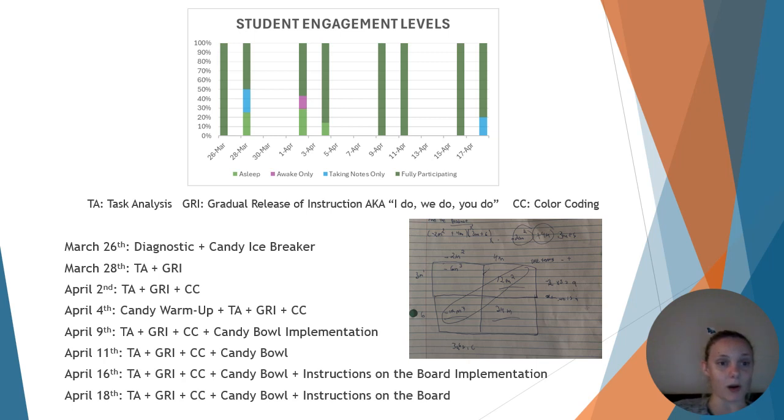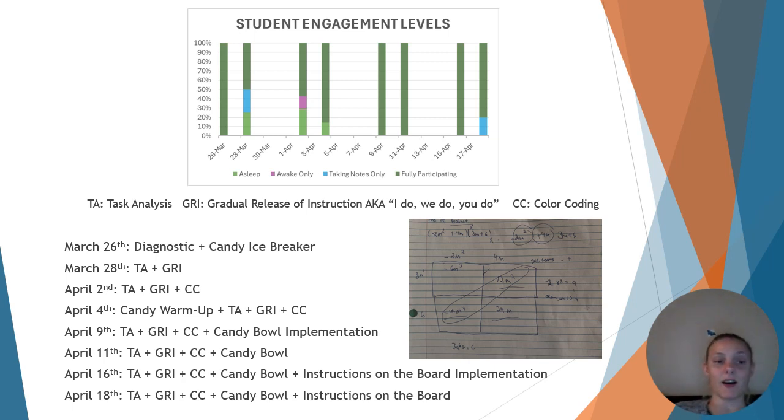That day, March 28th, was a lesson day using task analysis and gradual release of instruction. Now we can see I had 25% of students sleep, 25% taking notes only, and 50% fully participating.